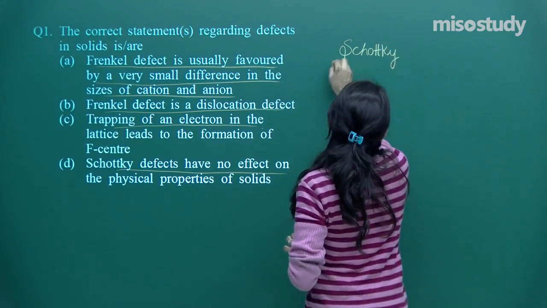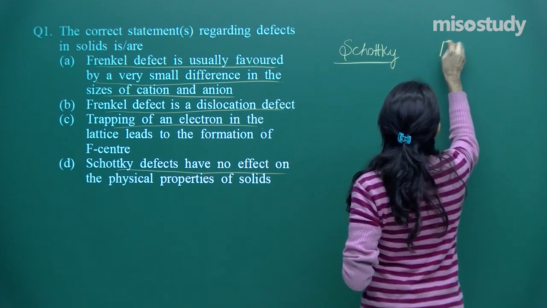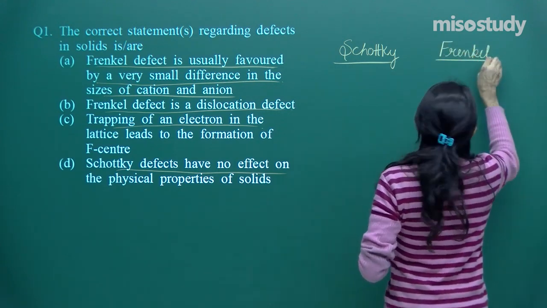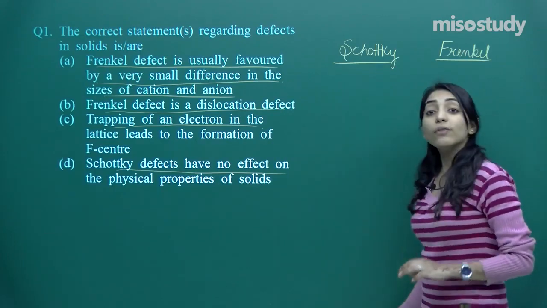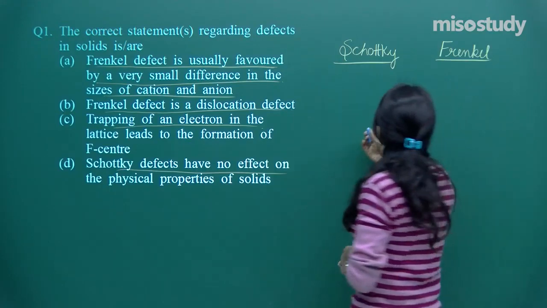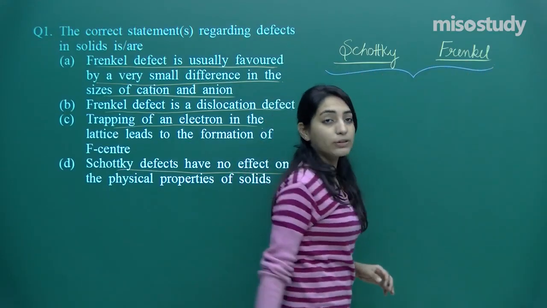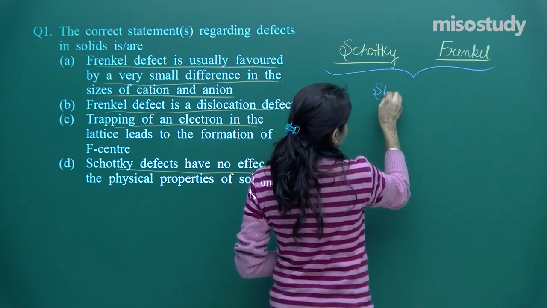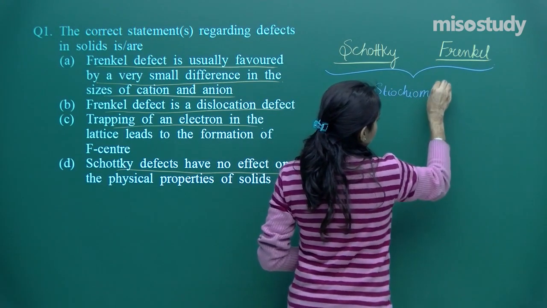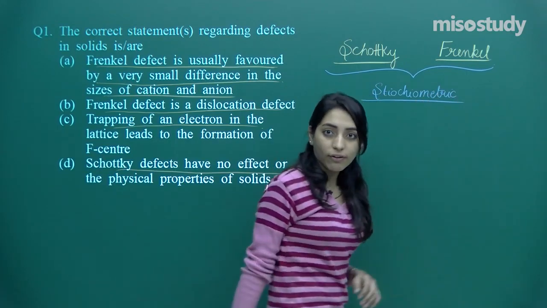Also we need to take into account something related to Frenkel defect. Do you remember that I have taught you in my previous videos that both Frenkel and Schottky defects were examples of stoichiometric defects.